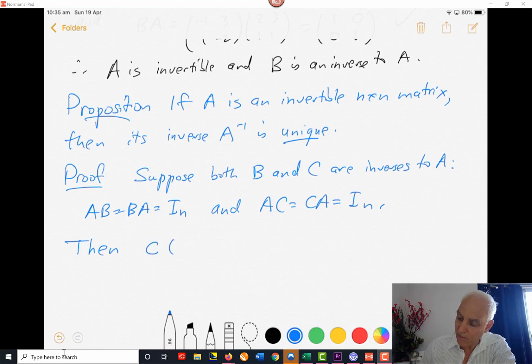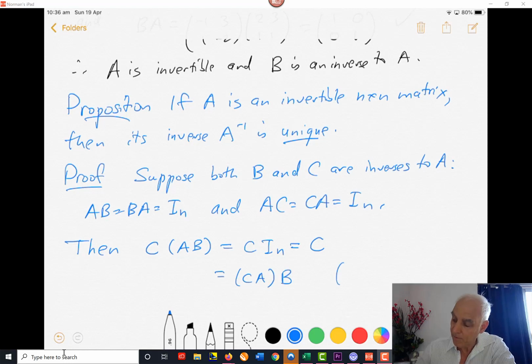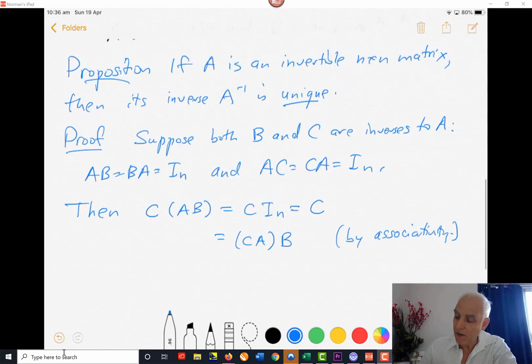Let's take the first equation and multiply it on the left by C. So C times AB equals C times the identity matrix. But the identity matrix has the property that when you multiply it by any other matrix, you get the other matrix. So C times the identity matrix will be C. On the other hand, this C times AB is also, by associativity of matrix multiplication, CA times B. And what is C times A?